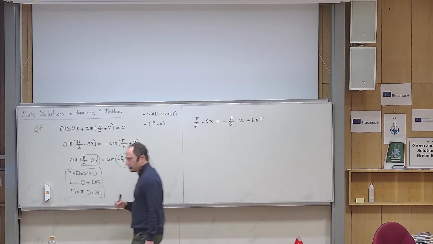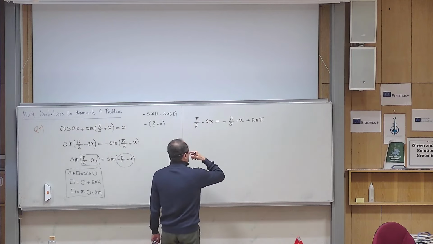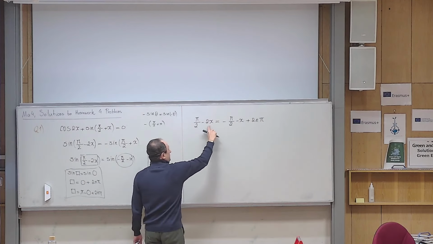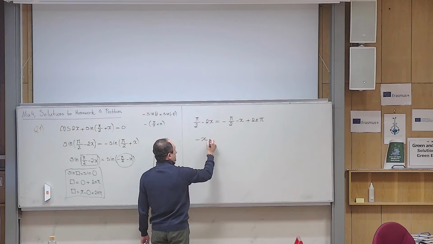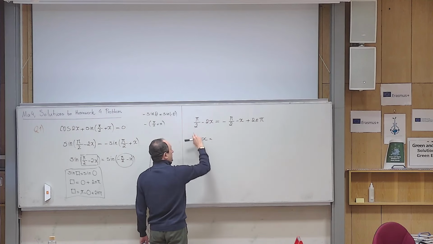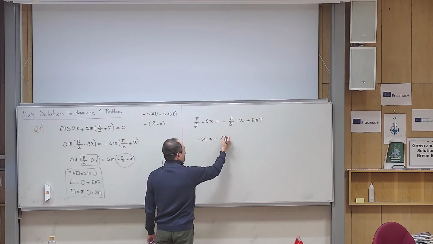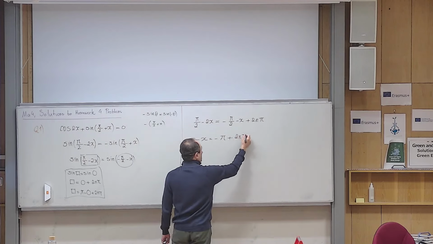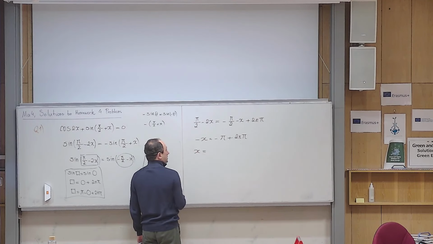So what should I do now? For example, I move minus x to the left: minus 2x plus x becomes minus x. Then I move pi over 2 to the other side, so it becomes minus pi over 2, another minus pi over 2, which becomes minus pi, and then I have 2n pi. Then I multiply everything by minus one because I want to isolate x.